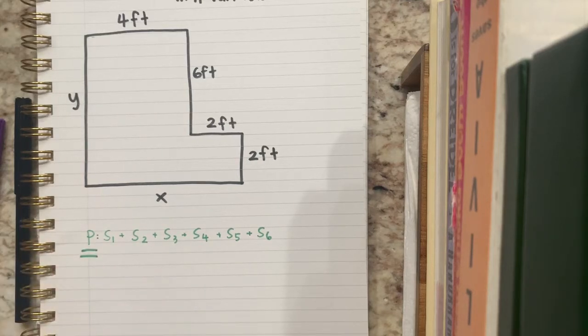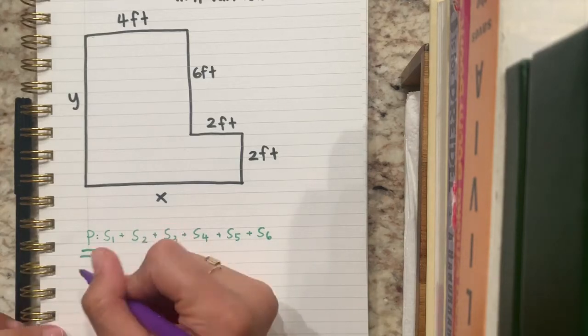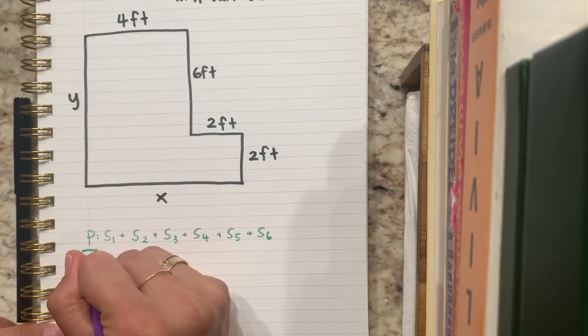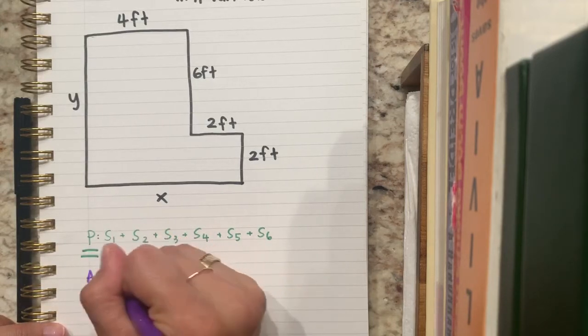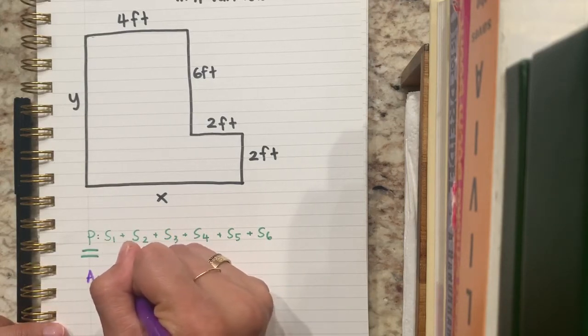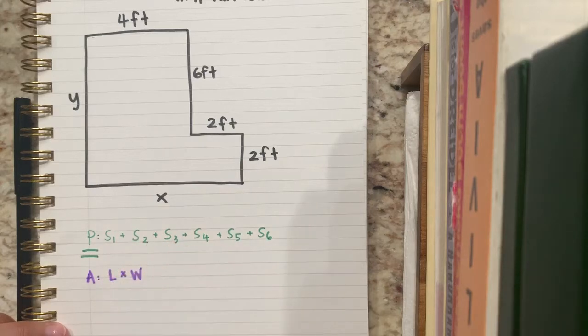The second thing you are going to have to do is find the area. Now, as a reminder, area is equal to length times width.